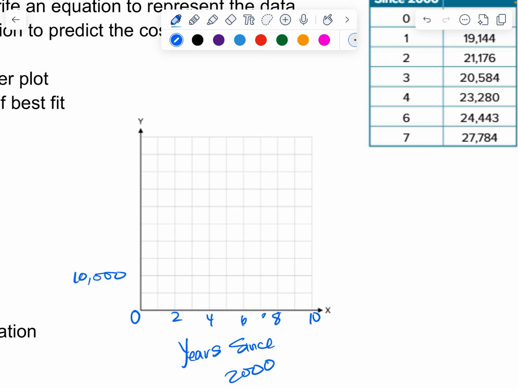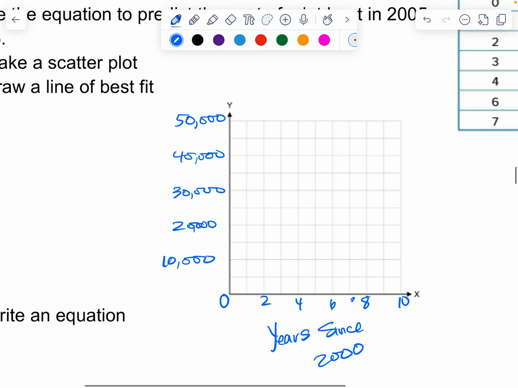So this would be 20,000, and this would be 30,000, 40,000, and 50,000. And what is this? Cost in dollars. Oh, I misspelled dollars.